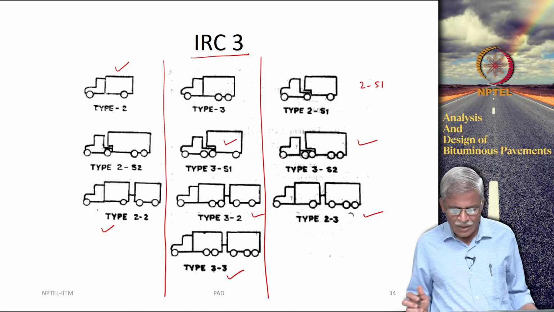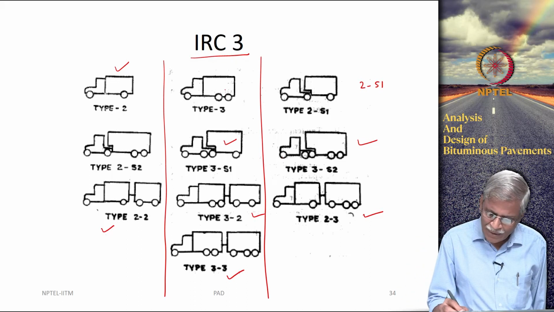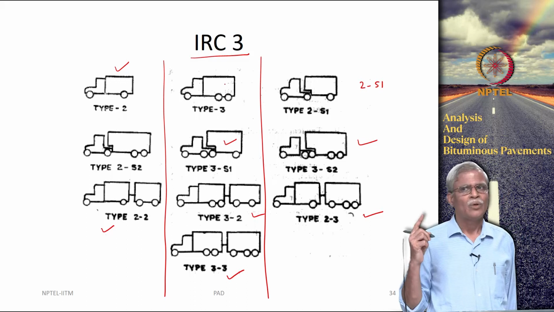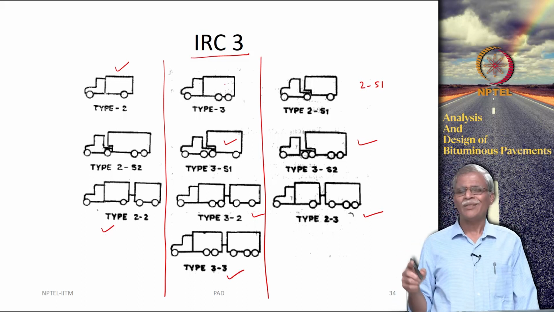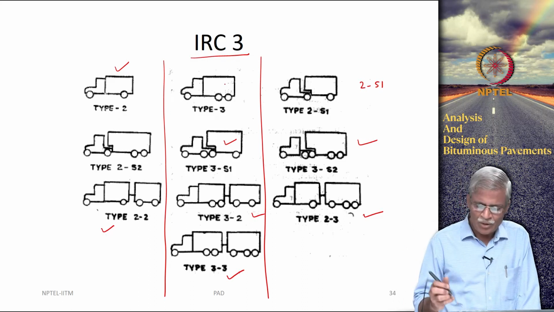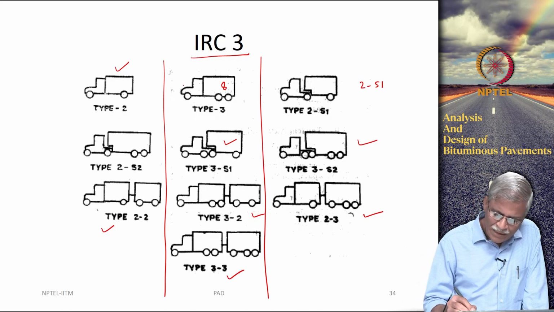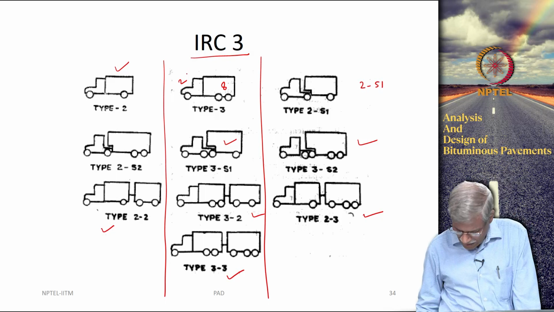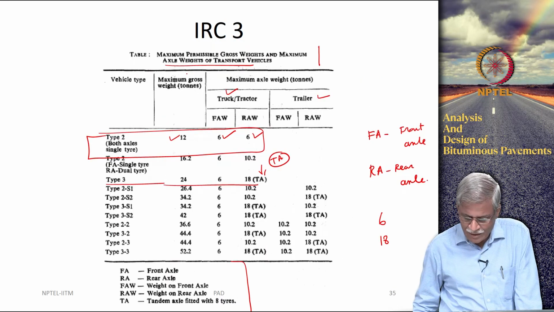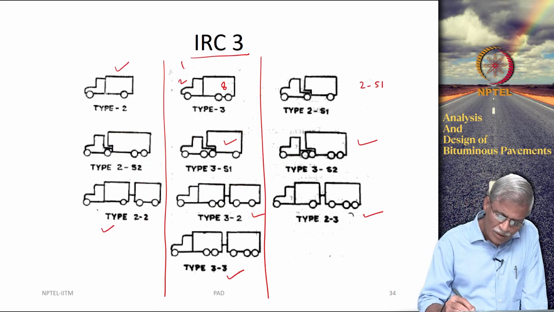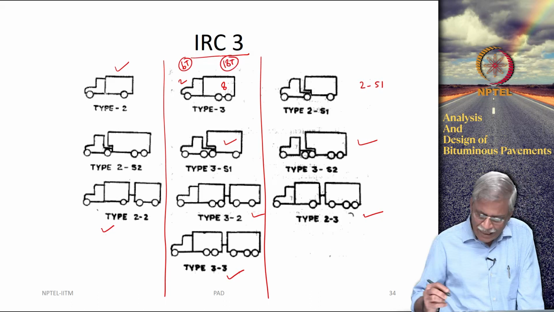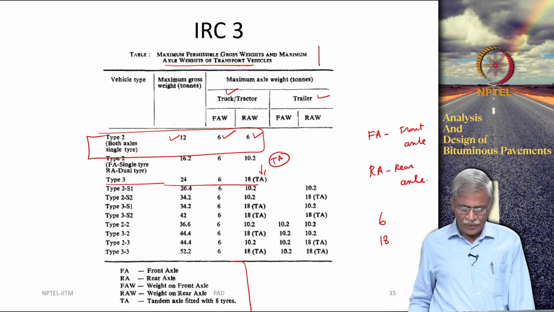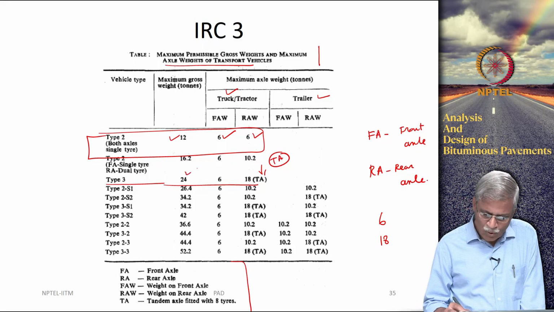There are going to be tandem axles. Recollect, tandem axle means 2 axles, dual tire. So, each axle has 4 tires, so there are going to be 8 tires here, and 2 here. What IRC says is that this can be 6 tonnes, this can be 18 tonnes, so the total weight can go up to 24.